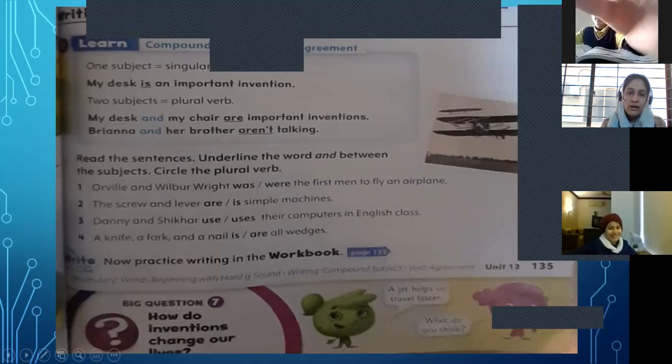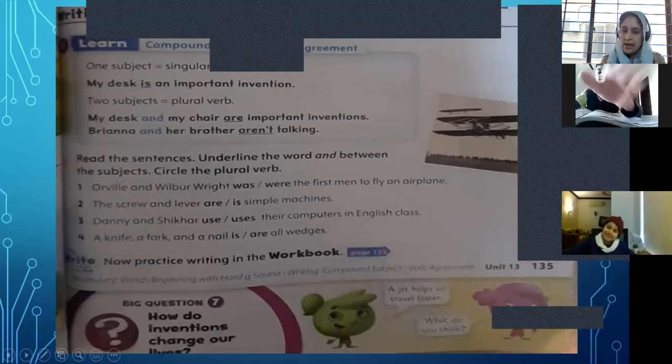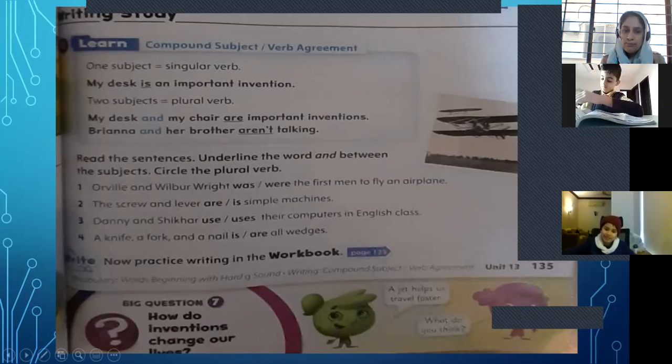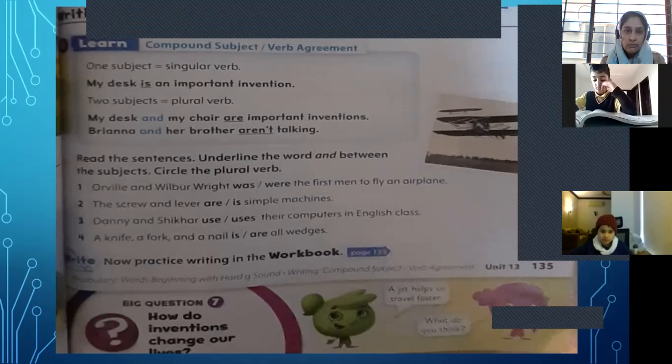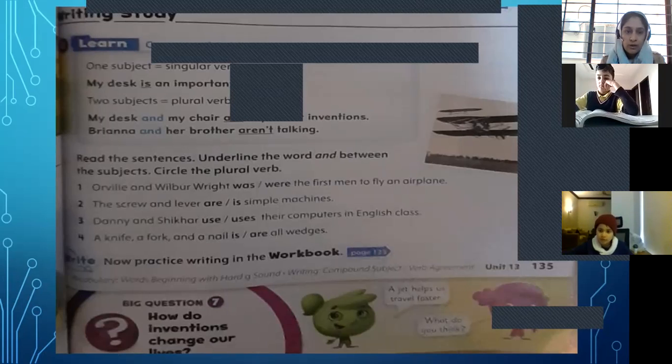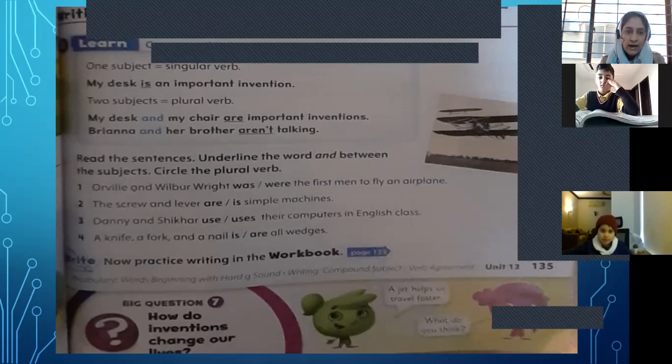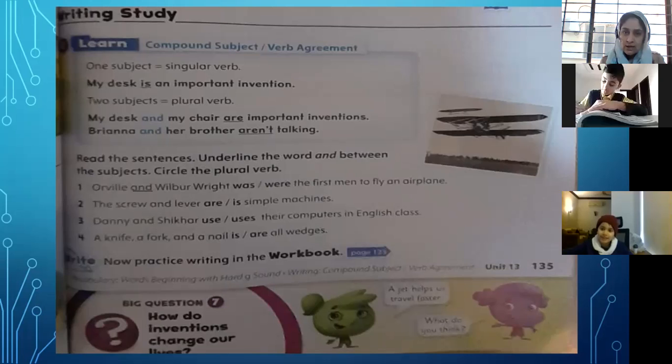So, Orville and Wilbur Wright were the first men to fly an airplane. As these are plural subjects, you will use the plural verb. So, what you will do here, you will underline the word and between the subjects, and then you will circle were in the sentence. This is what you have to do.